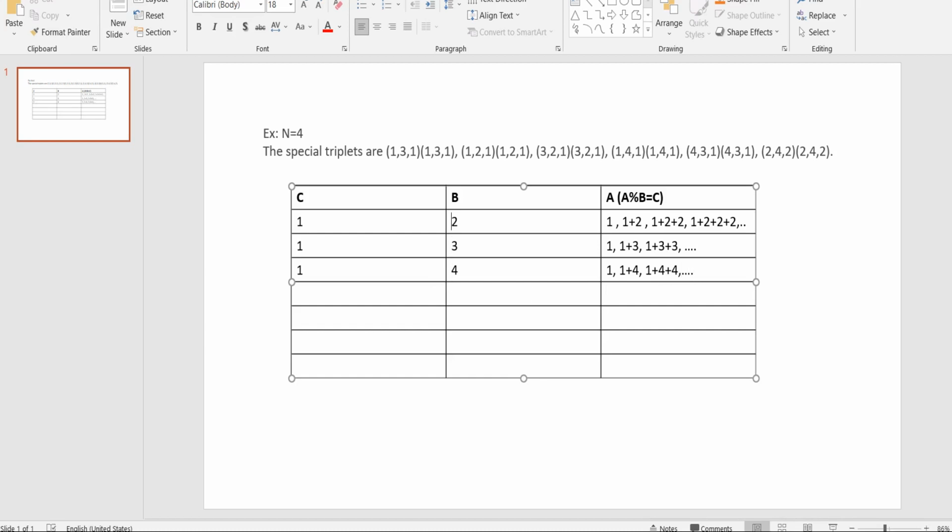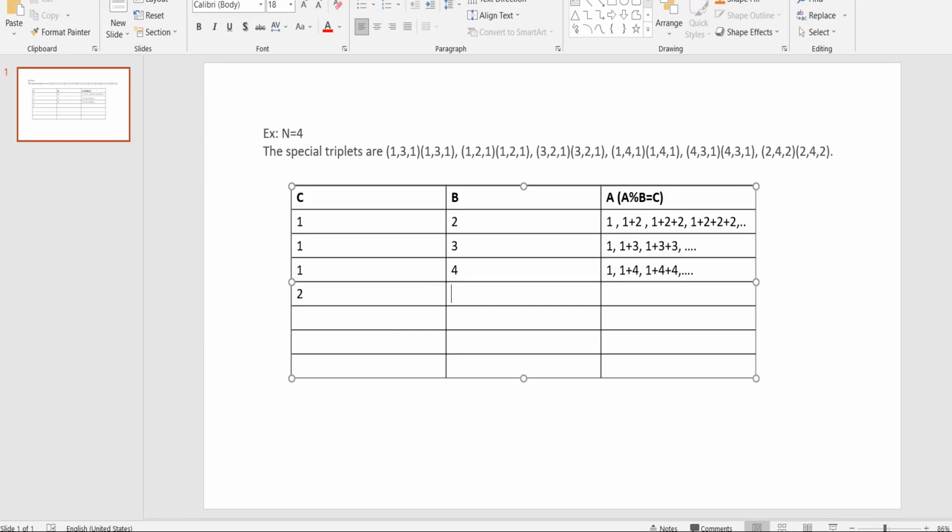Since in our example n is only equal to 4, for c equal to 1 we have exhausted all numbers till 4. So now let's switch to c equal to 2. For 2, b should be greater than c and b should be a multiple of 2.